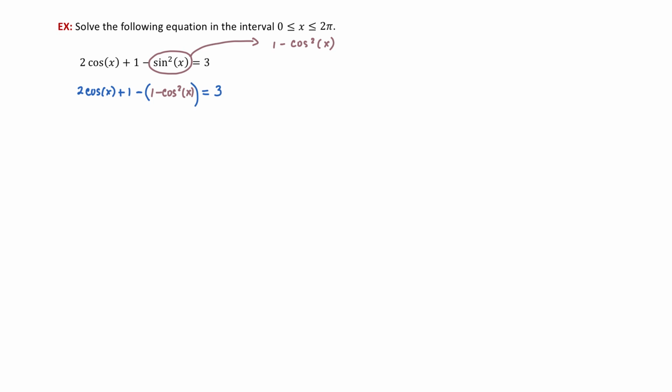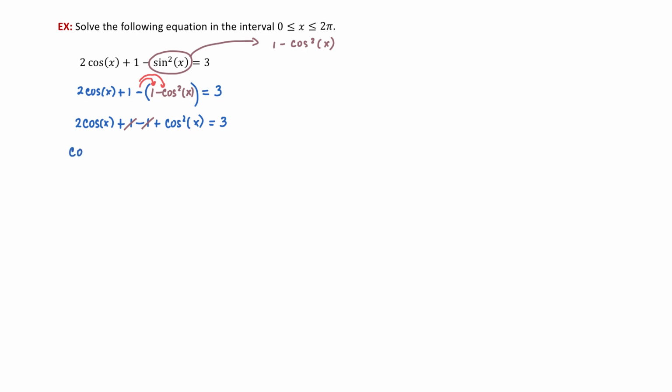Now it's consistent. So we're going to go ahead and distribute this negative first, and that is going to give us 2 cosine x plus 1 minus 1 plus cosine squared x equals to 3. Then simplifying, notice how we can cancel the ones, and I'm going to even start already arranging everything in descending powers.